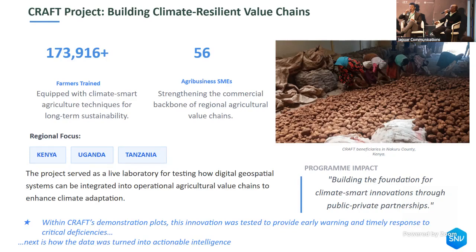We were working with several value chains. One of them was the potato value chain. Then we had common beans and also the green grams. And this innovation was based within the potato value chain. So now I'll let my colleague take over and tell us about this particular innovation and the implications and perhaps the next steps towards the end.